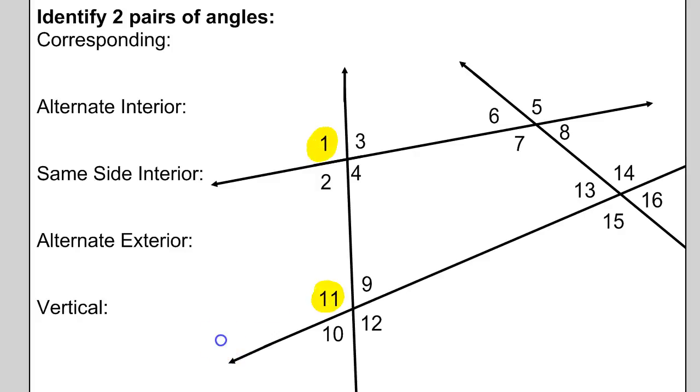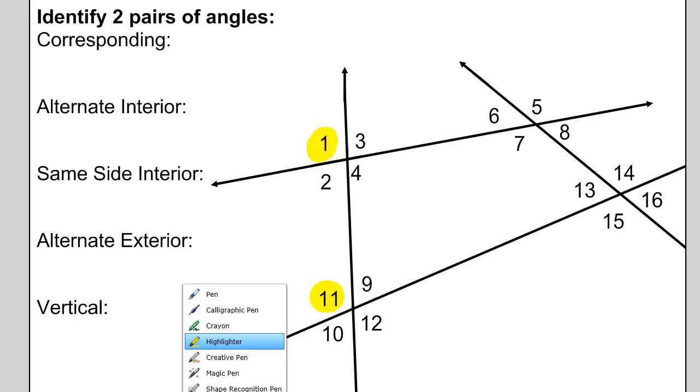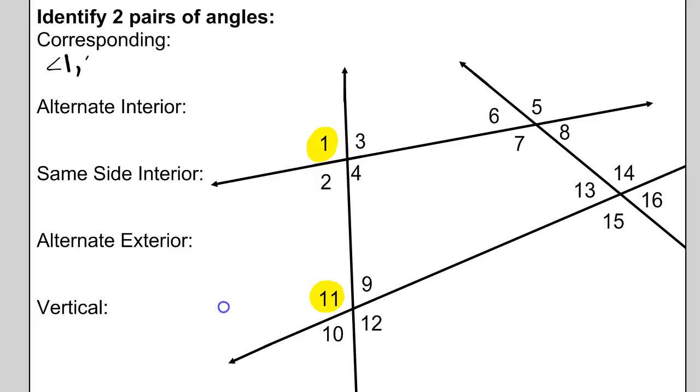Angle 1 and angle 11. And then I can go around and say, well, angle 12 and angle 4 are in matching corners.